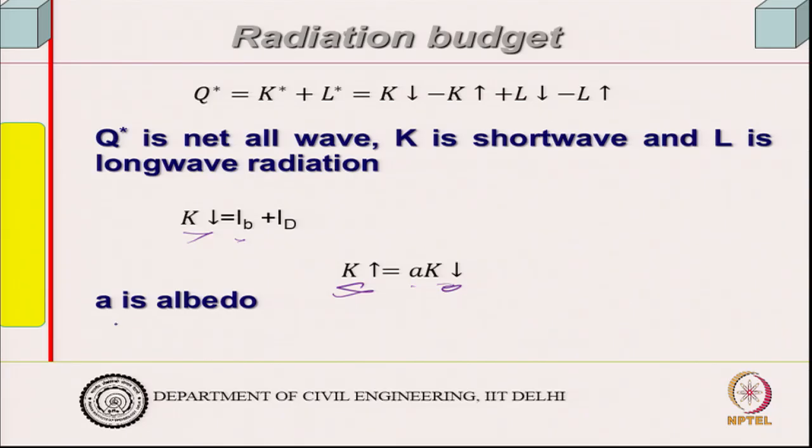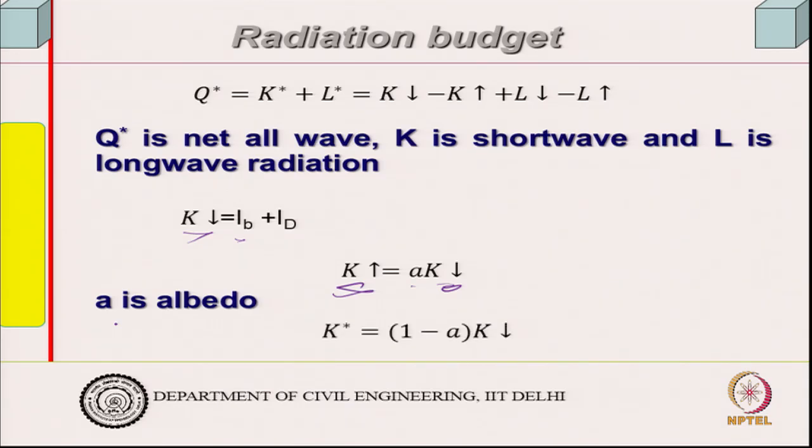This A is called albedo. Albedo denotes the fraction, which is the ratio between the radiation going out of the earth divided by the short wave radiation incident. This is all for short wave radiation, right.